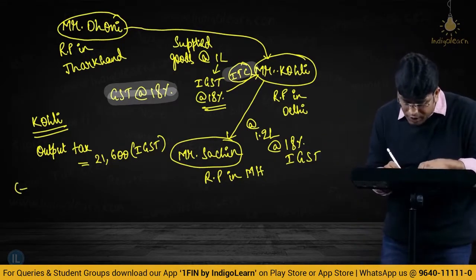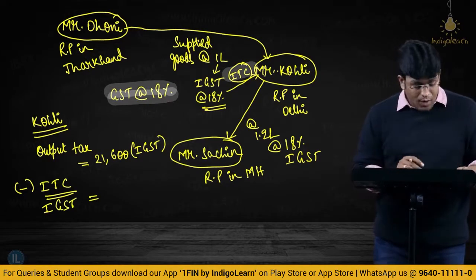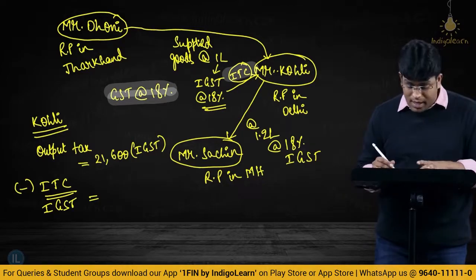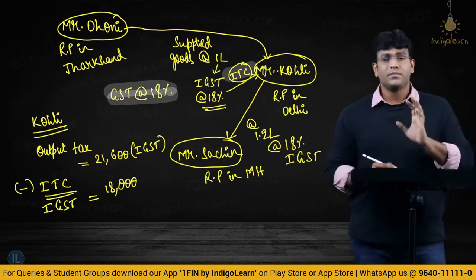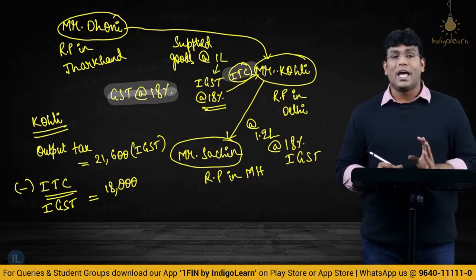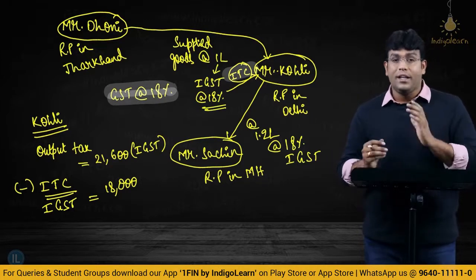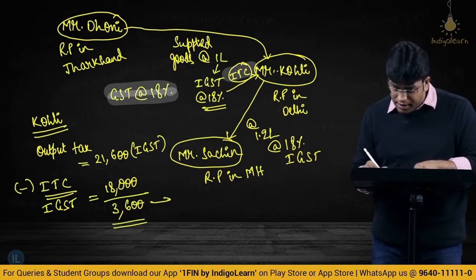Now, from the output tax, I'll reduce the input tax credit, which is again IGST. How much is that? 1 lakh into 18% comes to 18,000. So output tax is 21,600. Input tax credit is 18,000. Net effect, the balance to be paid is 3,600.